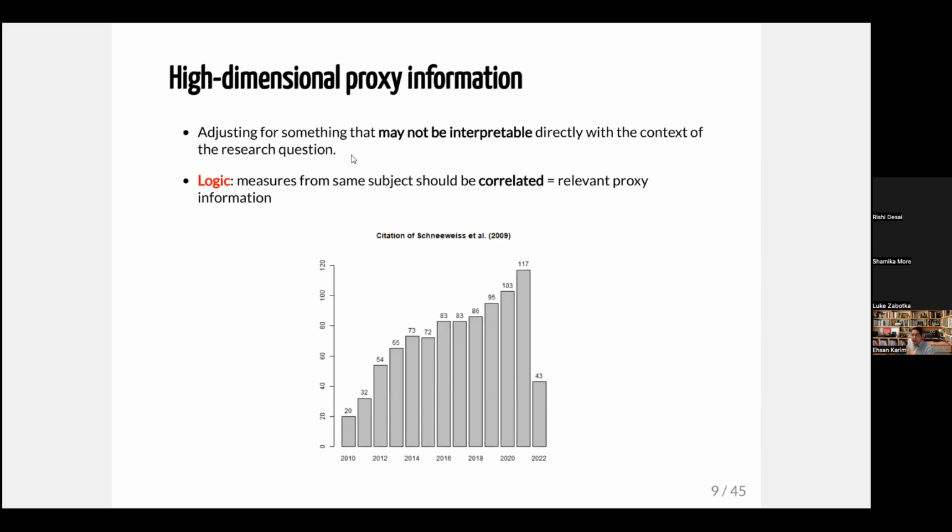They are basically advocating for adjusting for something that may not be directly interpretable within the context of the research question that we are asking, but they do have some useful information, and we are trying to use this framework to find a way to use that information in our analysis. Obviously, the general idea is that this information is coming from the same data sources, so they are correlated, so it should be useful as proxy information.